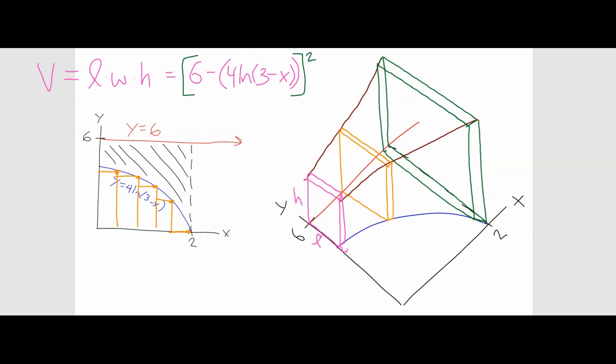It would be a decent estimate, but you can certainly see that there's a lot of area between the rectangles and the curve that we wouldn't be counting. Well, what if we started to use a larger number of rectangles? Right?